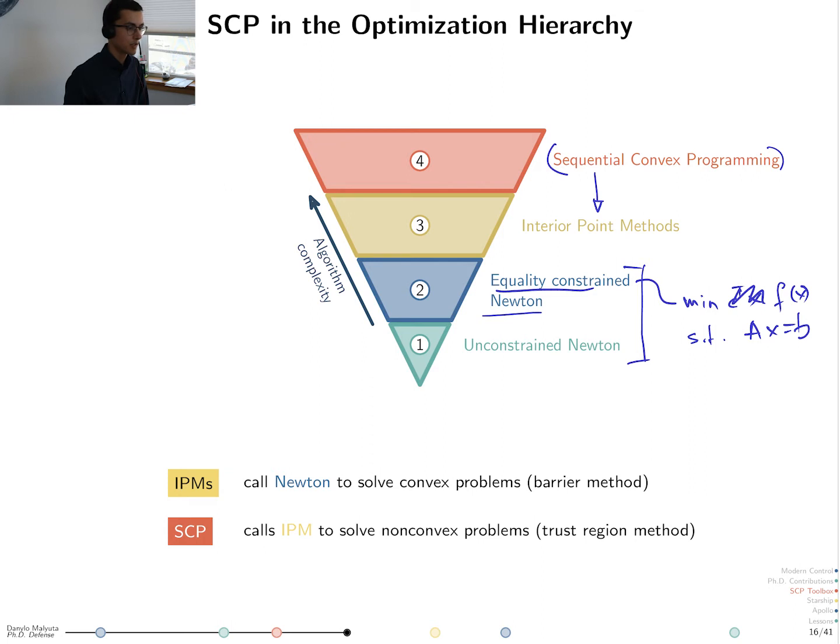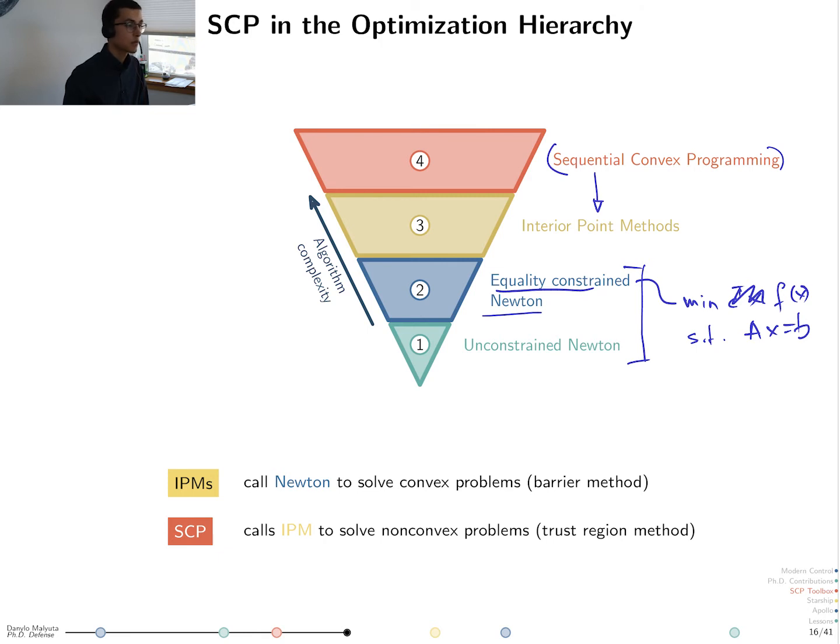This being something like minimize some convex function of x, subject to a bunch of equality constraints. These are fundamental tools. Interior point methods that have been developed over the past 40, 50 years define an iterative scheme that uses equality constraint Newton's method at each step in order to solve the problem.